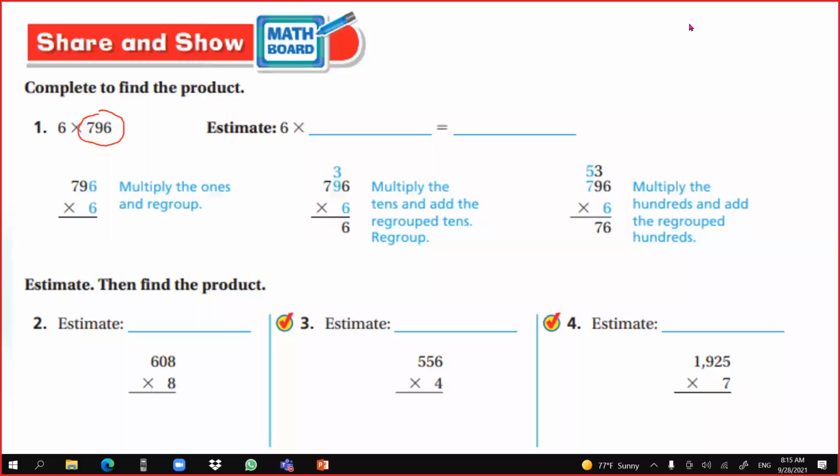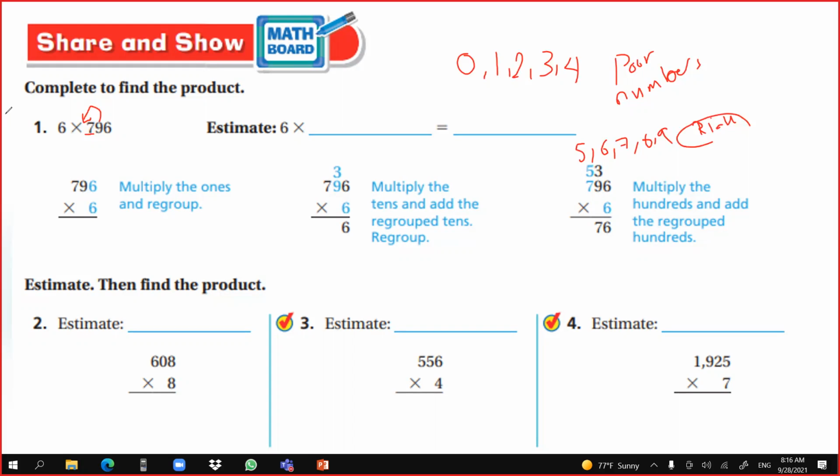Let me remind you. When you want to estimate, underline number 7, the last digit. Then ask yourself, can 9 give 7? Now you have to remember that this is a rule: 0, 1, 2, 3, and 4 are poor numbers, and 5, 6, 7, 8, and 9 are rich numbers.